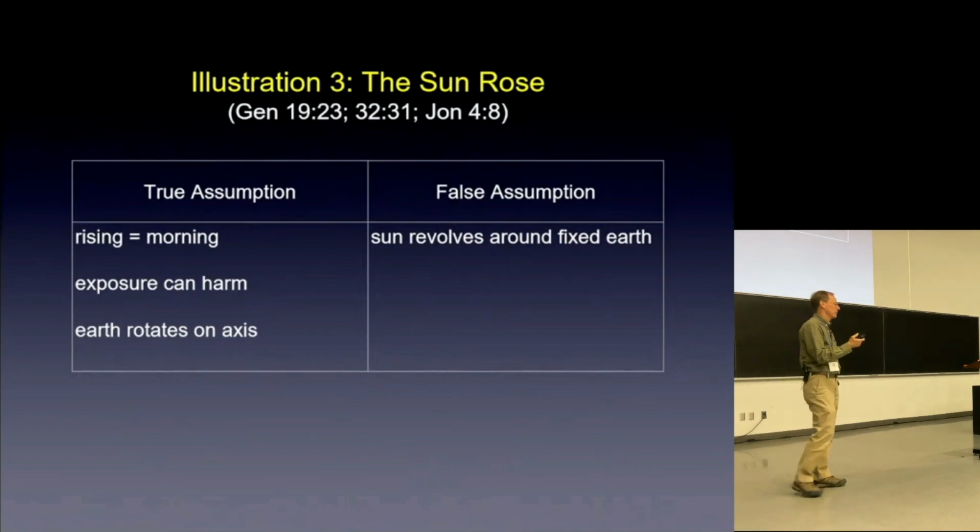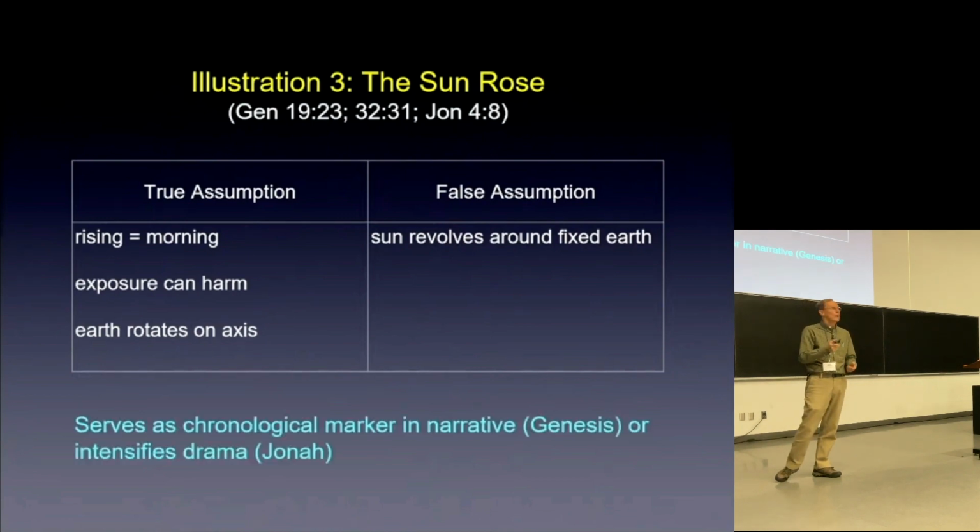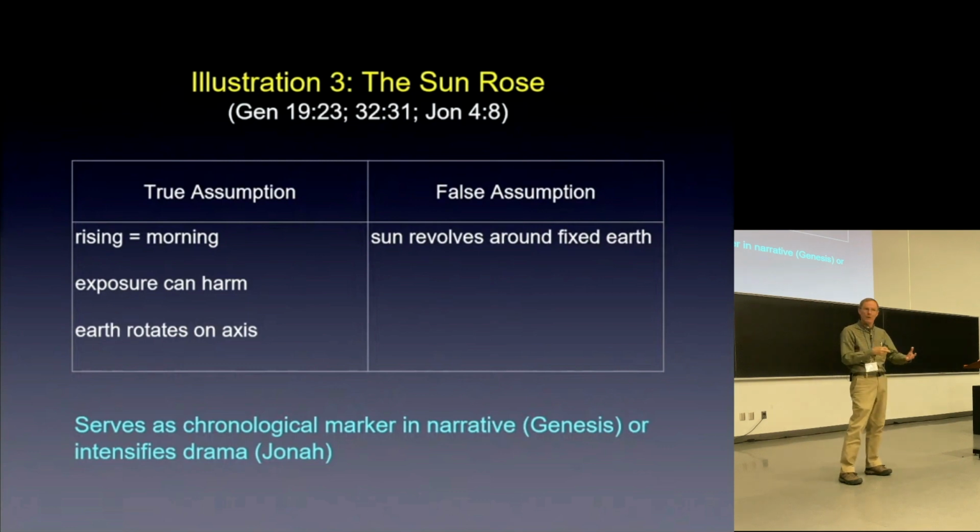The truth is that the Earth rotates on an axis. Now, I know we can quibble about whether there is ever such a thing as an absolute reference point in space. I don't want to go there. But there are other assumptions. When the sun rises, it's morning. The sun also, when it comes up, if you get exposed, can bring harm to you. And if you look up those biblical texts, the ones in Genesis, they use the sun rising as a chronological marker in the context of the narrative, to communicate to the reader an orientation to the time of day.